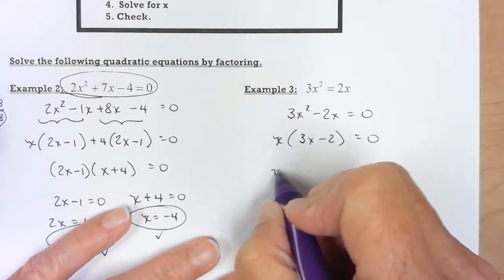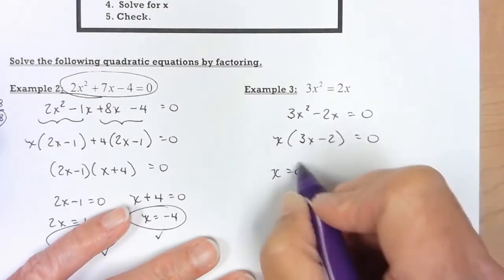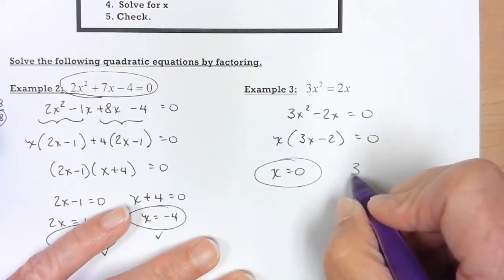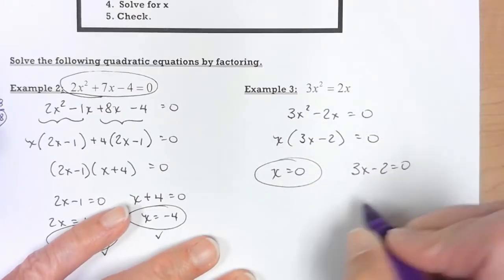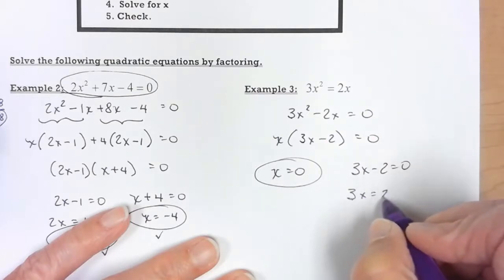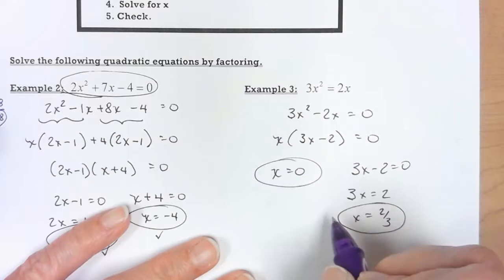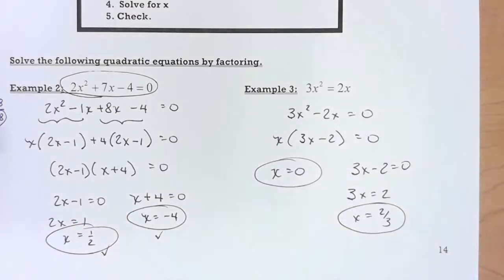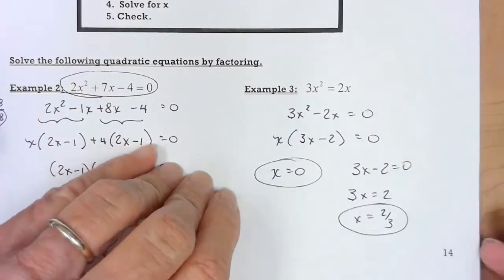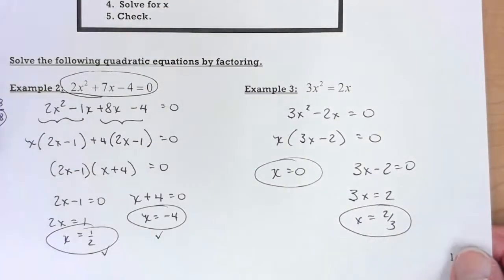I set my factors. x is a factor, so I've already got an answer. So those are my answers. Okay? So try storing. If you have issues with storing, let me know.